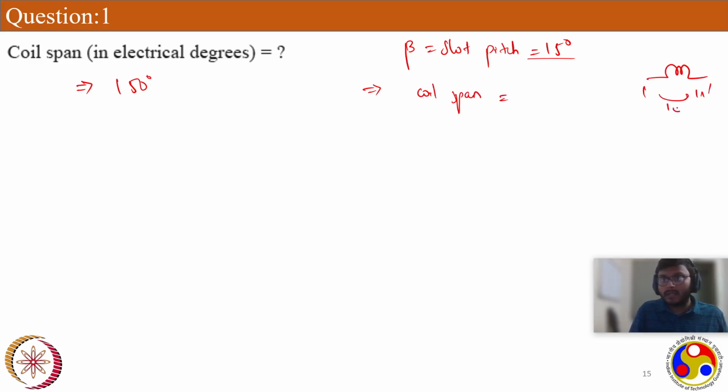It is 10 slots, 10 into 15 degree. This is the procedure to calculate the coil span. You have to find the coil span in terms of slots first, and multiply the slots with the slot pitch. How did you calculate beta? From the total slots per pole, 180 by slots per pole, you get beta as 15 degree. Using beta you can calculate the coil span.